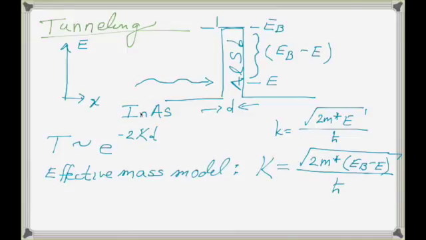If I set my energy zero to there, and I have a plane wave propagating up here, this would be the relationship between k and E. Down below the zero, in these energies in the aluminum antimonide, I just sort of turn it upside down. My k becomes i kappa, and I just look at the energy going down from the top of the barrier into the band gap of the aluminum antimonide.